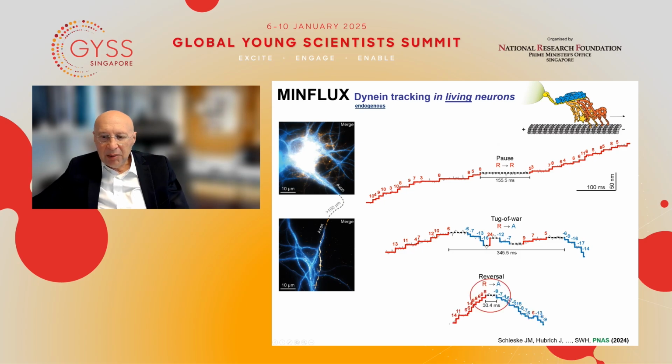We've seen that very rarely, but we've seen a quick reversal, which was not seen before. But the point I would like to make here is that this is the first time dynein stepping was ever seen in a living neuron directly with minimal invasion. So it shows that the method really adds to the repertoire of studying motor proteins.